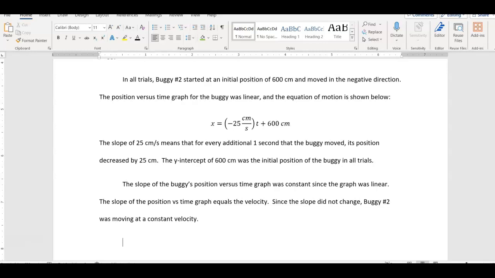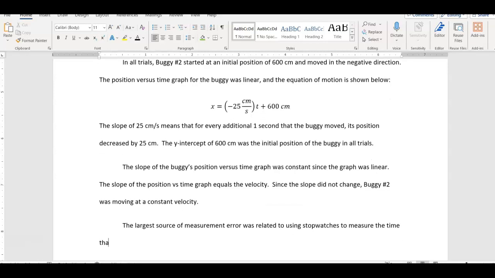So in our particular case, I think the largest source of measurement error was related to using stopwatches to measure the time that the buggy was moving. So let's explain that in a little more detail.